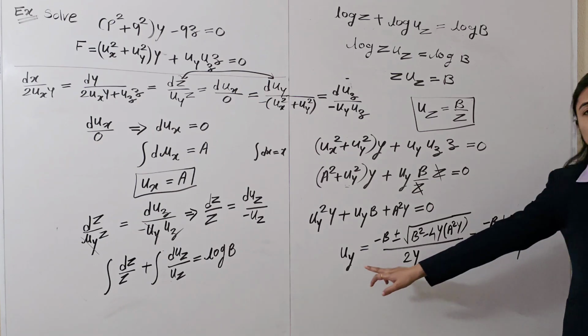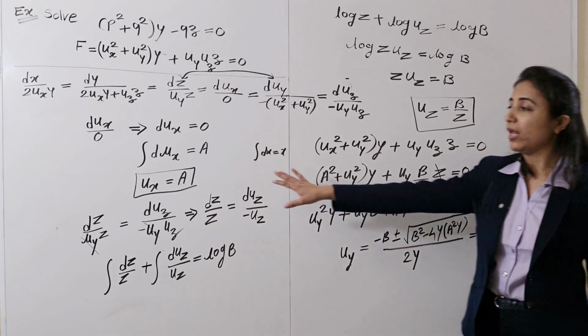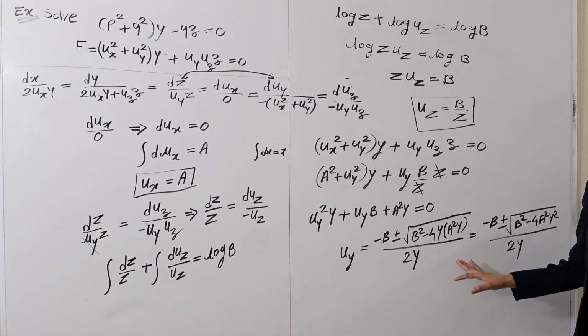Hence we get the solution of uy, but it contains two answers, for plus as well as minus. So we will solve for both plus and minus. You can note down the values of ux, uz and uy so that you can understand the complete solution.